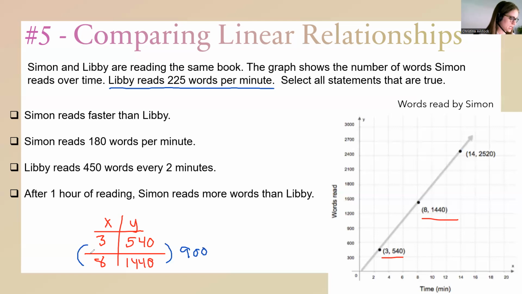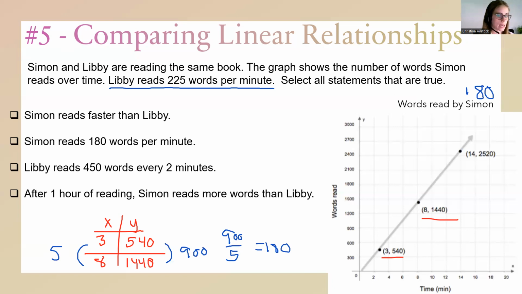And then from 3 to 8, that changes by 5. Change in y over change in x, rise over run. So we can take 900 and divide that by 5, and we get 180. So Simon here is able to read 180 words per minute, where Libby can do 225 words per minute.